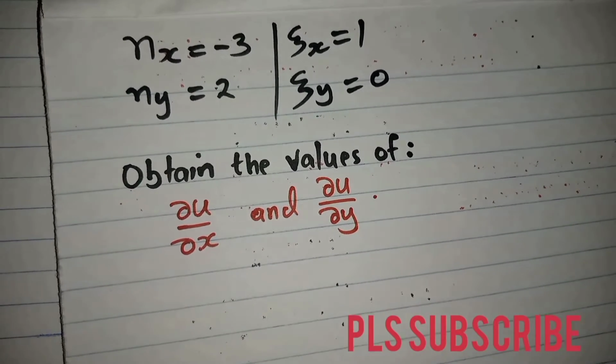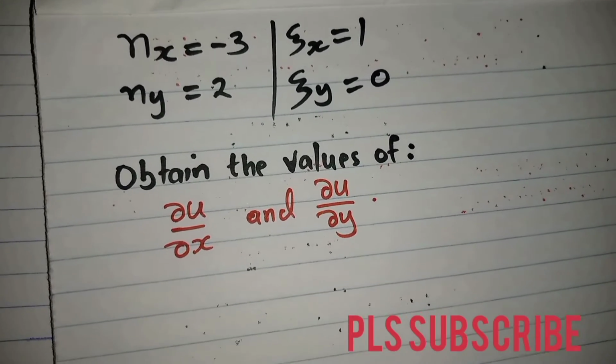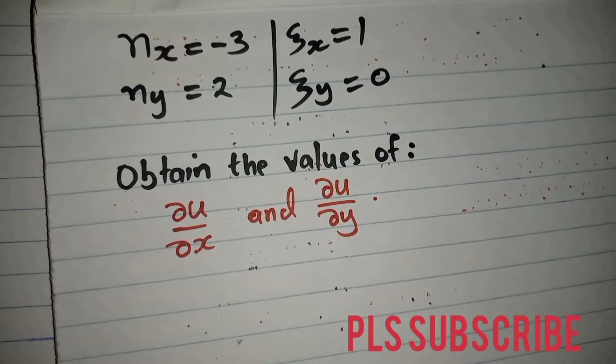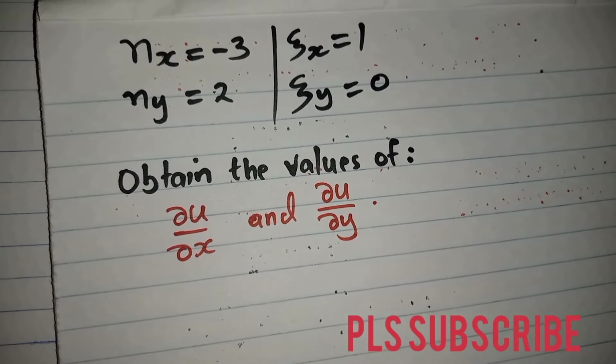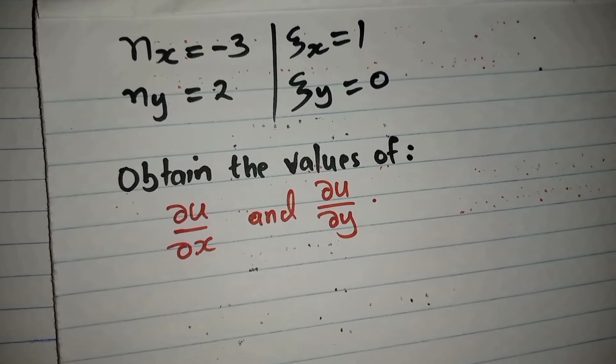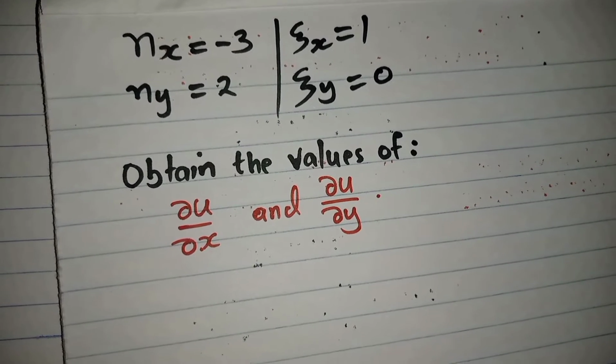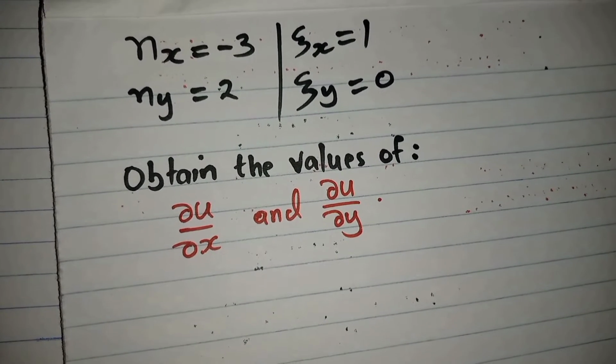Since we have obtained the values of nu x, nu y, xi x and xi y, we now need to obtain the partial of u with respect to x and the partial of u with respect to y.